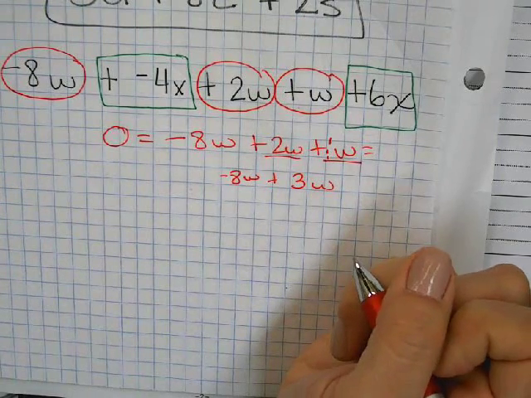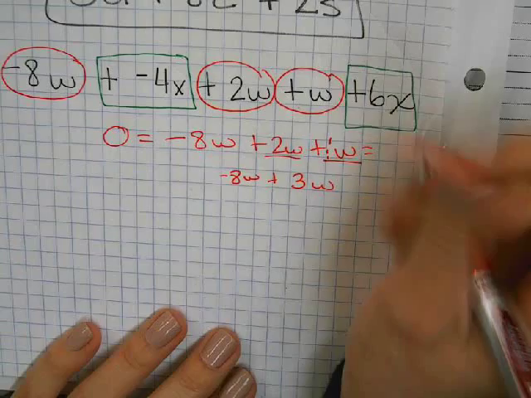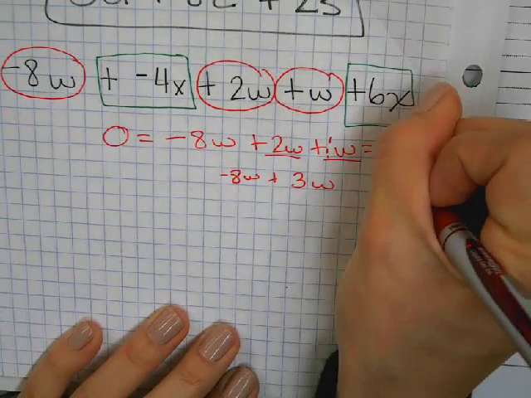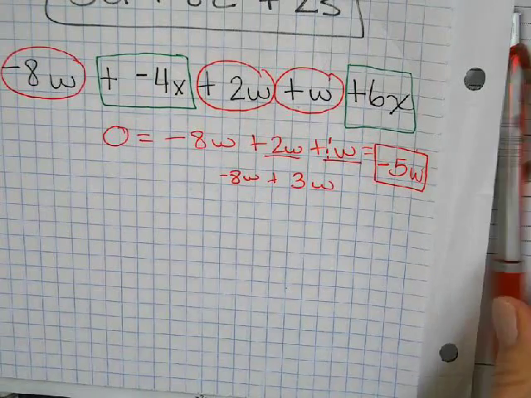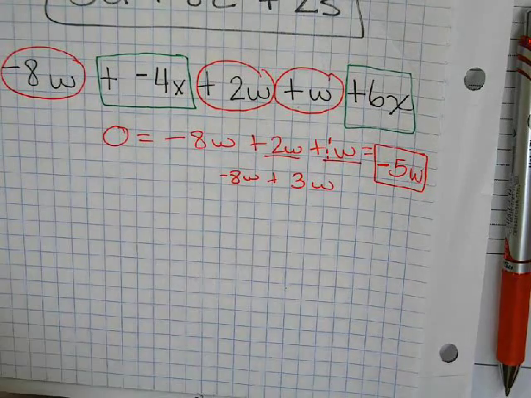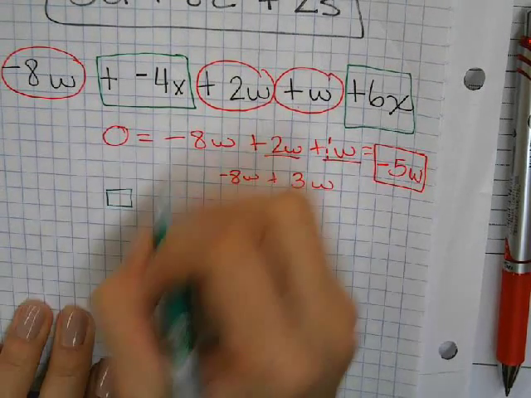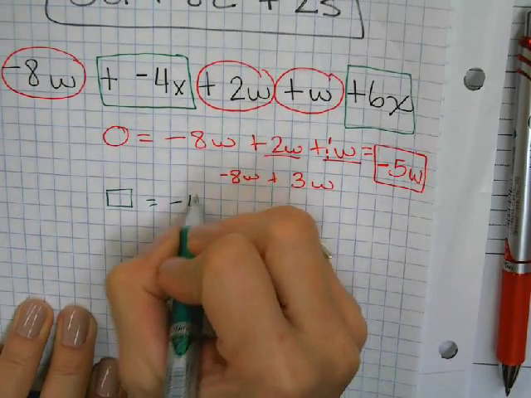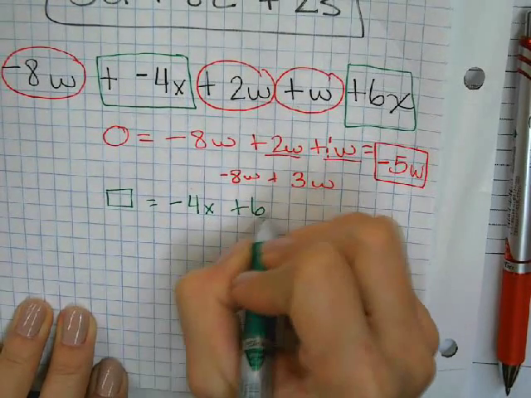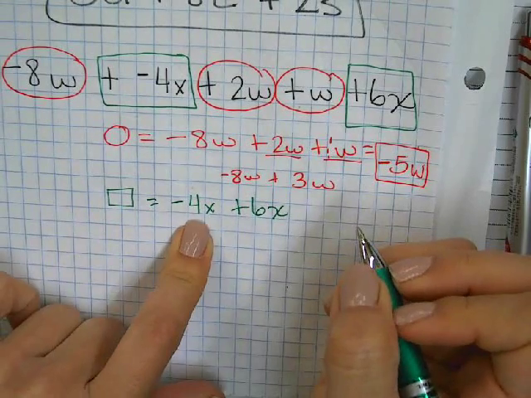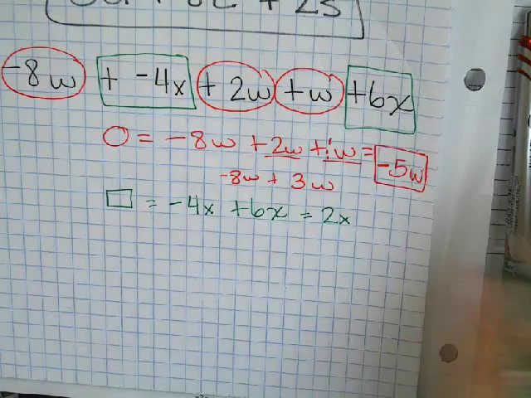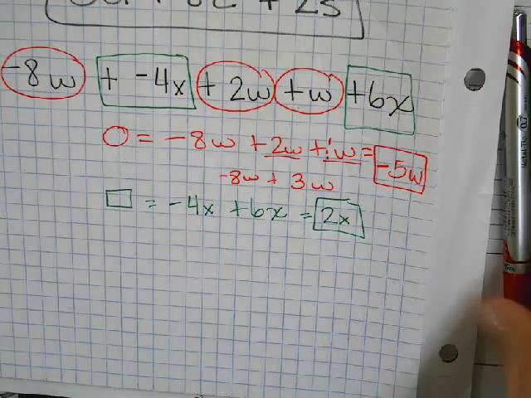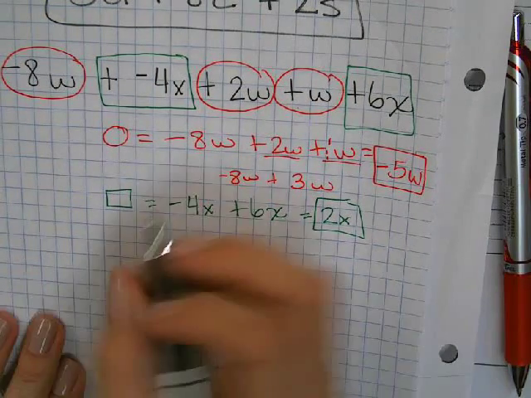Right, you subtract and the signs are different, right? And then there's more negatives, so it'll be negative 5W. Alright. Then the square is negative 4X plus 6X. What's a negative 4X plus a 6X? 2X. Good. So what's your final answer?